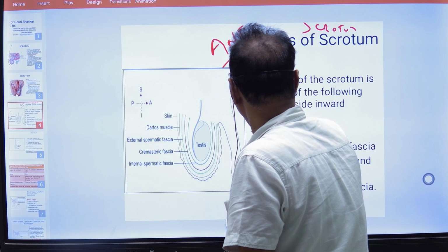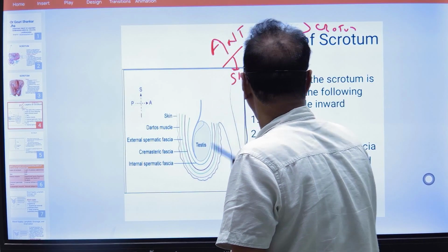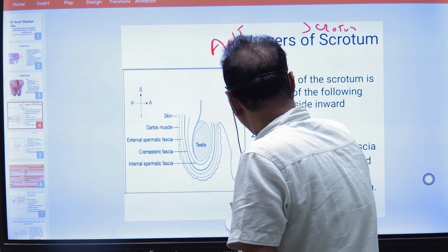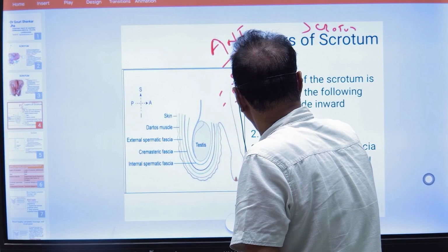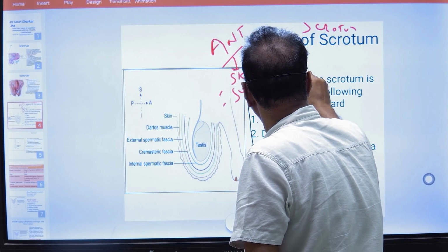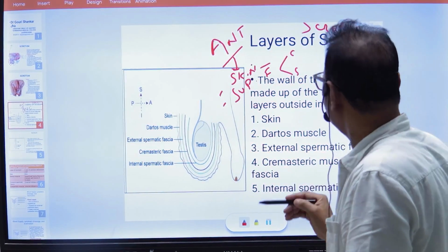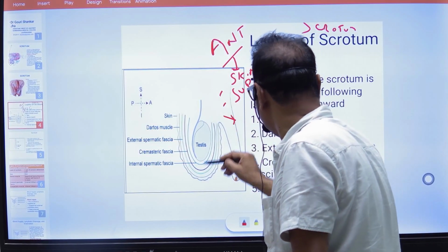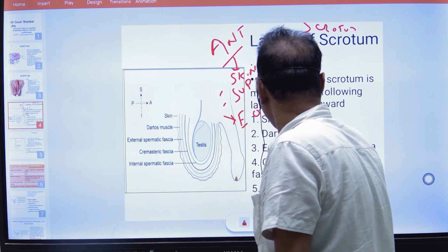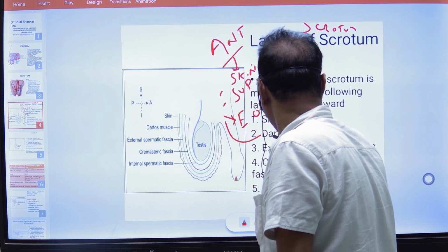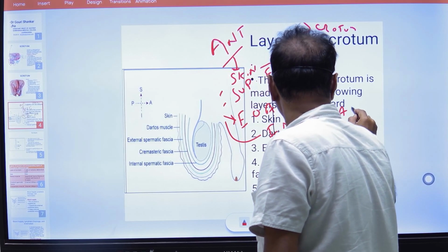In the anterior abdominal wall we have the skin, no doubt about that. After the skin, we get the superficial fascia, which is divided into two: the fascia of Camper and the fascia of Scarpa. After the superficial fascia, the next structure is the external oblique abdominis muscle. Then we have the internal oblique abdominis muscle.